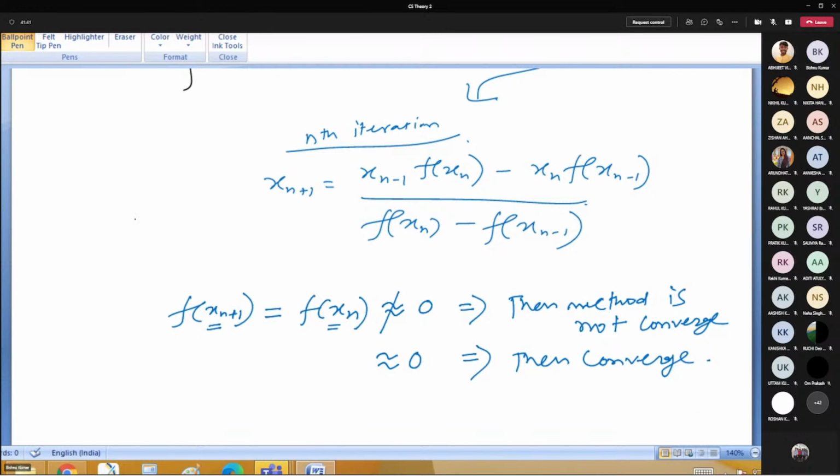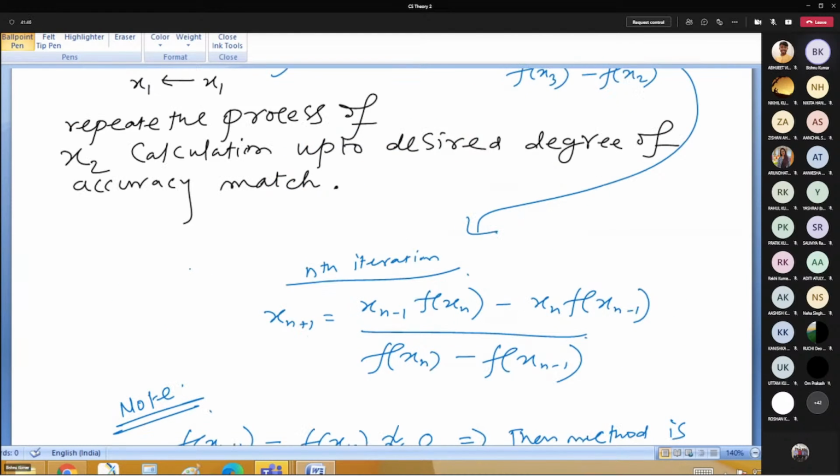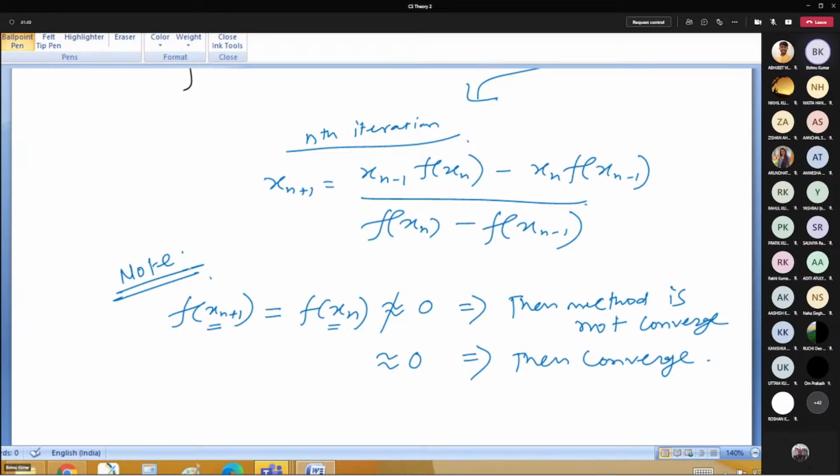You got the idea? Yes, sir. Suppose in some examples, after doing some iterations, the iterated values match in two consecutive iterations, and the functional value is also the same, but that is not becoming 0. Then the method is not converged.